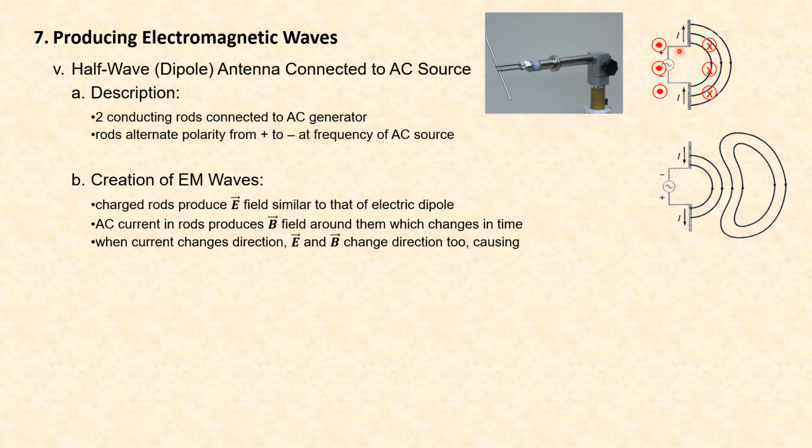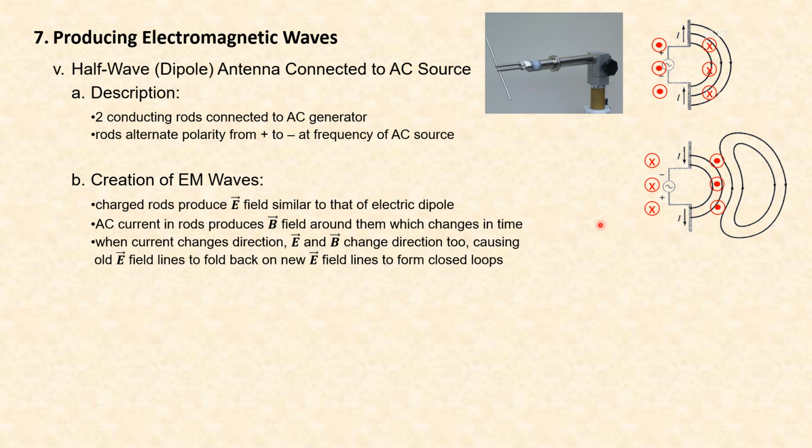Now we've already taken a look at the electric field lines, but let's take a look at the magnetic field lines in the bottom here. When the current is in the opposite direction, you can see using the right hand rule that the magnetic field must go into the plane of the paper on the left hand side of the wire now, and it must come out of the plane on the right hand side.